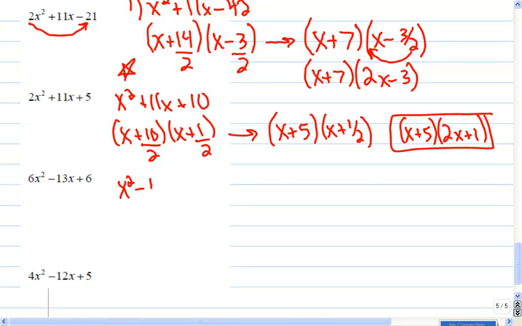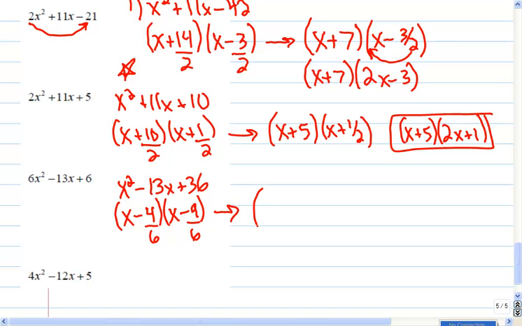But so this time I have x squared minus 13x plus 36. Let's see here. So that'll be 4 and 9. So x minus 4, x minus 9. Divide everybody by 6.